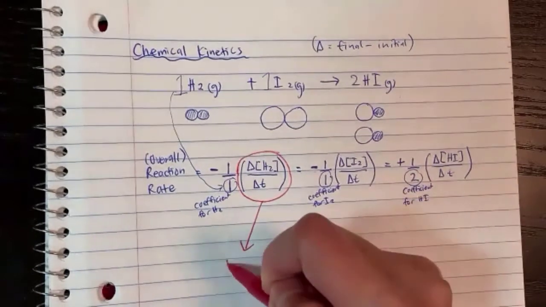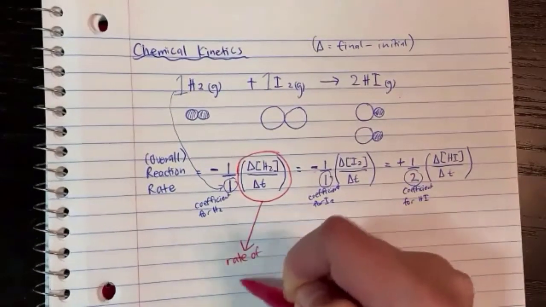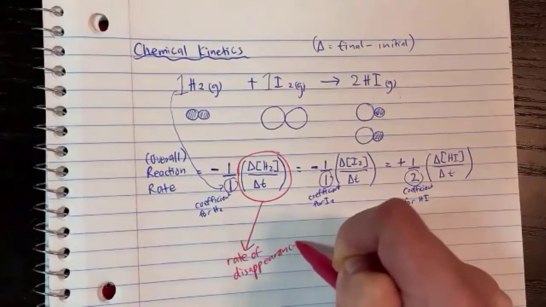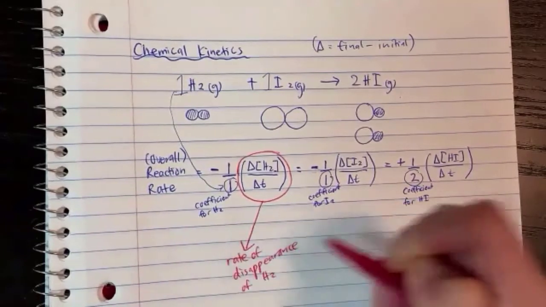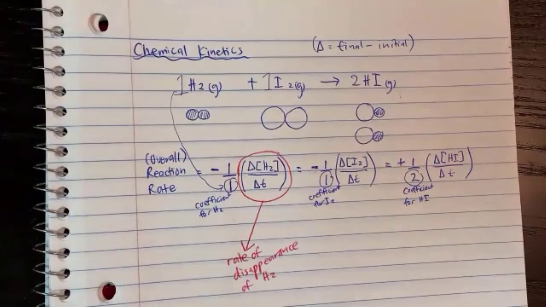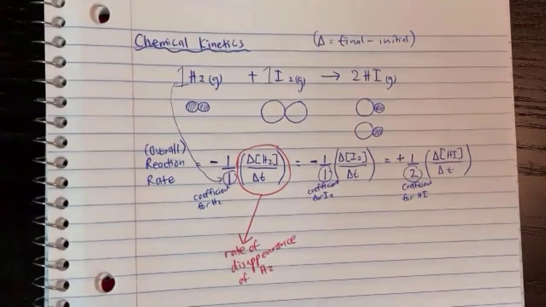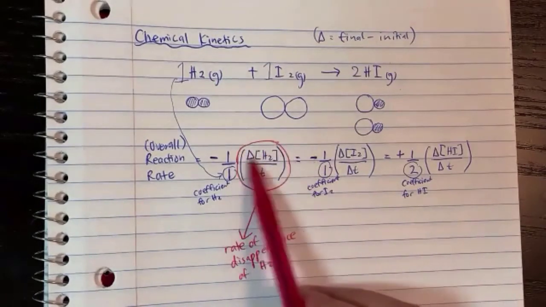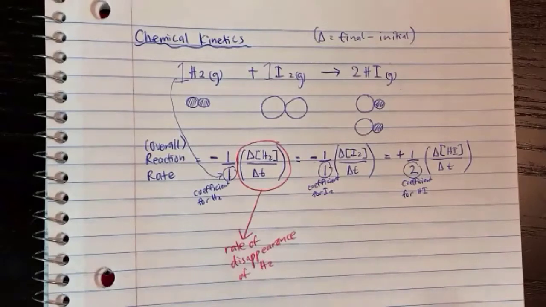So we can say rate of disappearance of H2, or we can just say change in concentration. But I know it's going to go down, so I'll say disappearance. It means how much H2 is going away in a given time frame, and that tells you the rate of disappearance of just that gas alone.